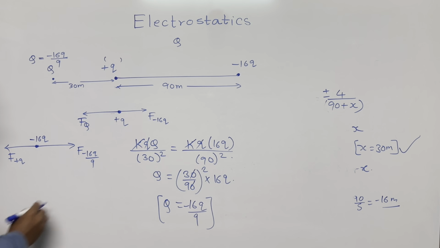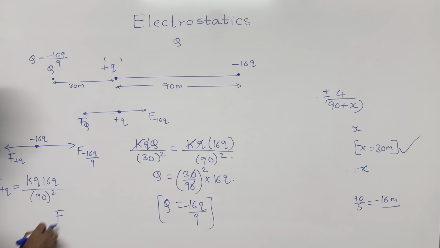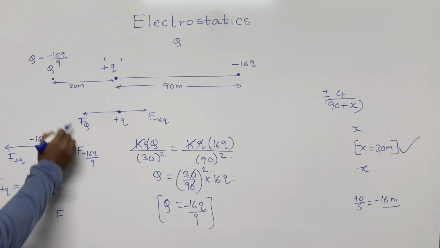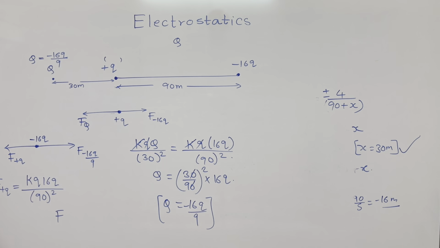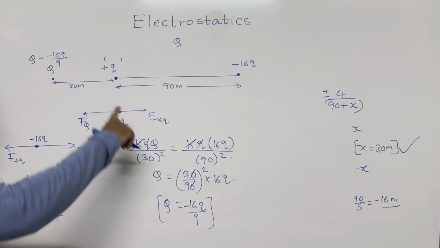The force due to q on minus 16q is Kq 16q upon 90 square, right? Now this is the force due to plus q. Now the force due to minus 16q by 9 is a repulsive force in that direction.